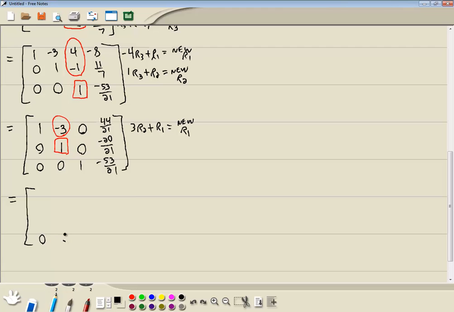Okay, so we've got 0, 0, 1, -53 over 21. 0, 1, 0, -20 over 21. 3 times 0, 0 plus 1 is 1. 3 times 1 is 3 plus -3 is 0. 3 times 0 is 0 plus 0 is 0. 3 times -20 over 21 plus 44 over 21.